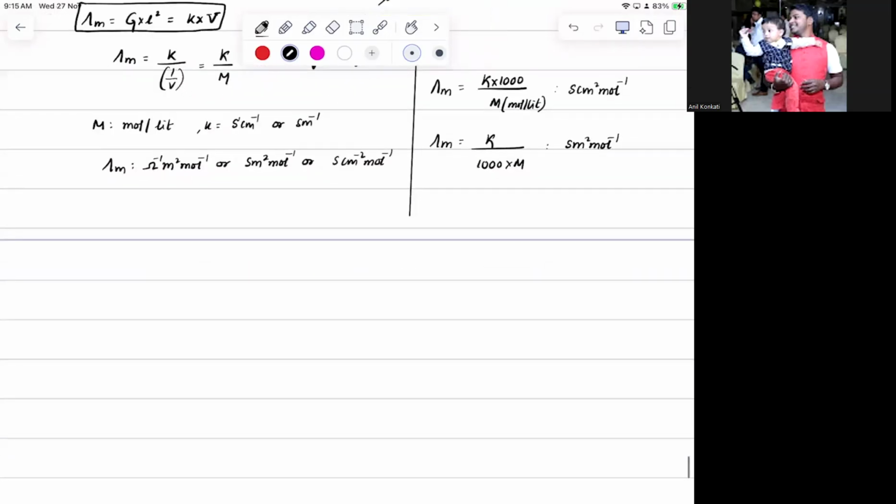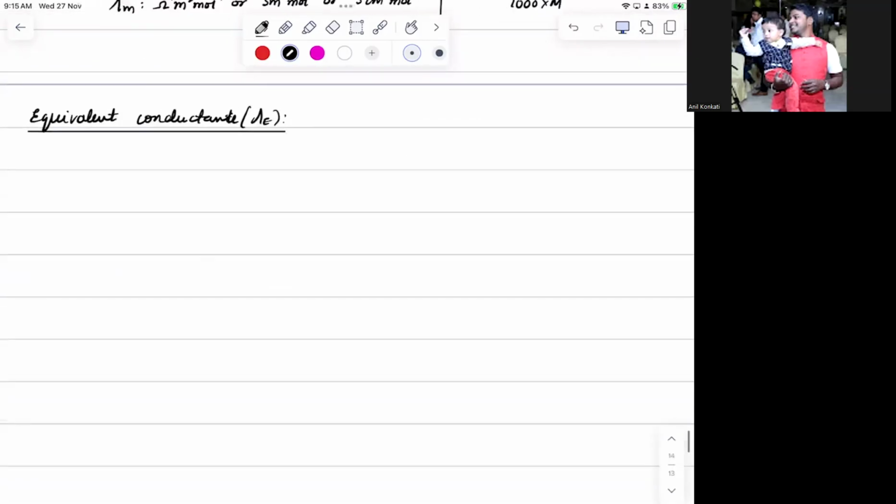Next, another similar term is equivalent conductance, which is lambda E. Since we understood lambda M, the same logic applies.